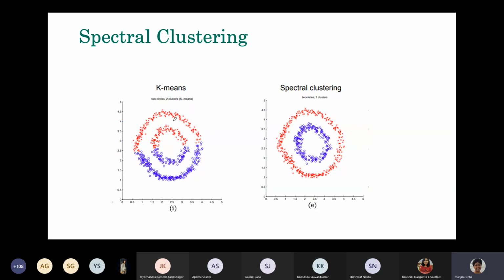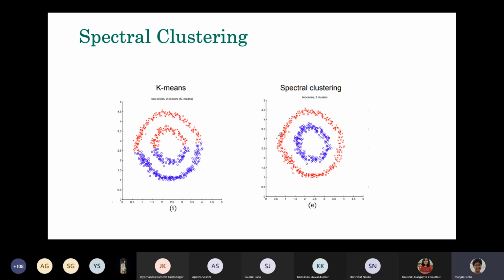The left hand side shows the output from the K-means clustering. Again, here we have two clusters, and in the right hand side we have spectral clustering. Again, here we have two clusters. But as you can see, the type of clusters learned are very different in spectral clustering than in K-means clustering, right?